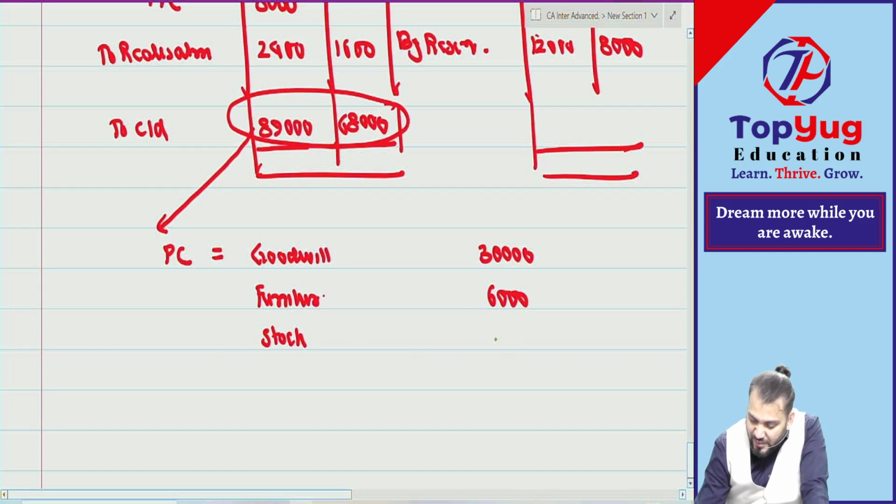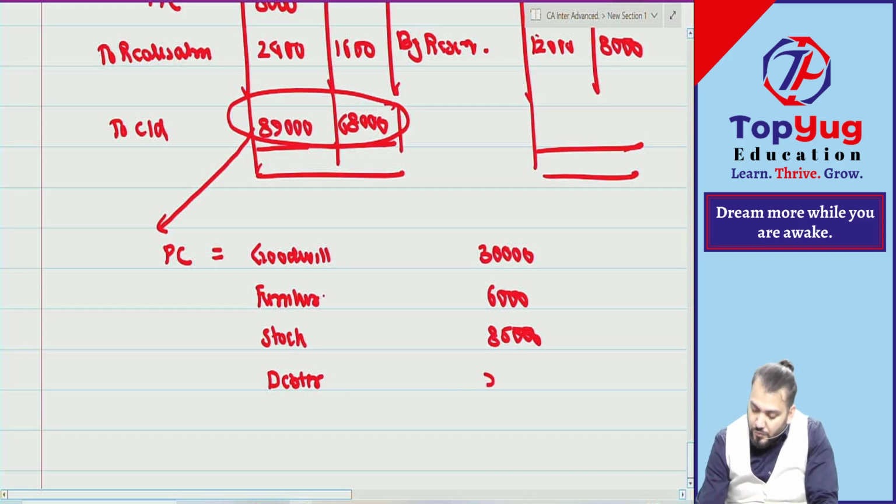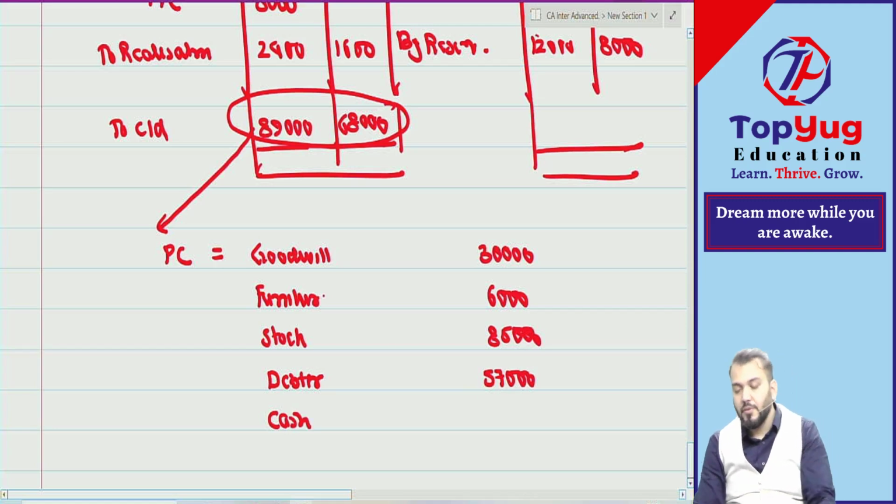How much? 85,000. Then debtors taken at what? 57,000. But is the cash taken or not? If the same books of account is continued, cash will remain there only.